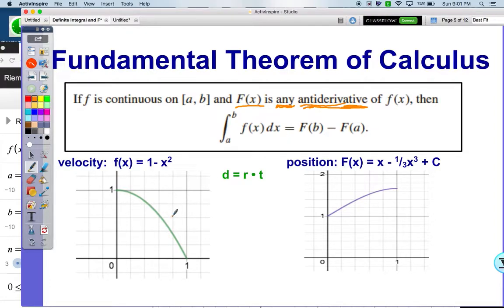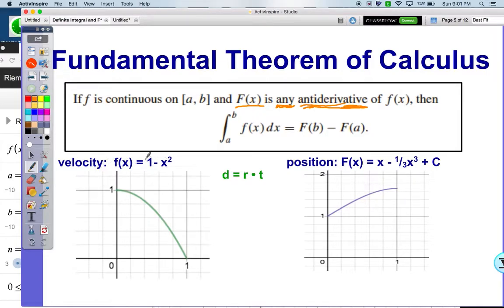Now down here I'm going to show you something. I've always wondered, I know the Fundamental Theorem of Calculus, but why does it work? It didn't make any sense to me. But this is something I saw that maybe would help you understand. Let's talk about the function as a velocity function.